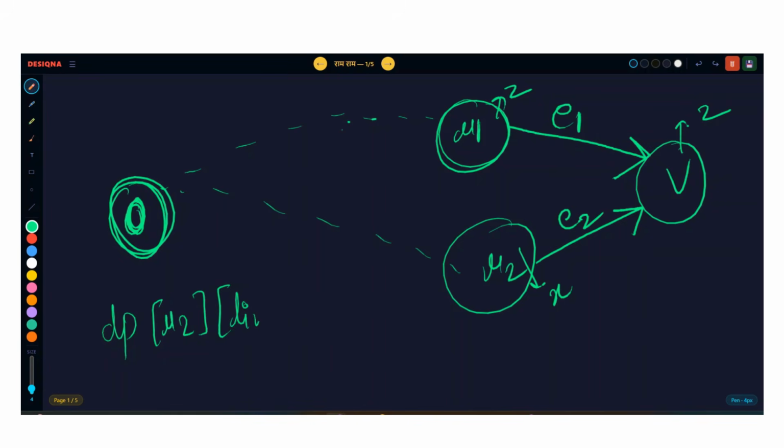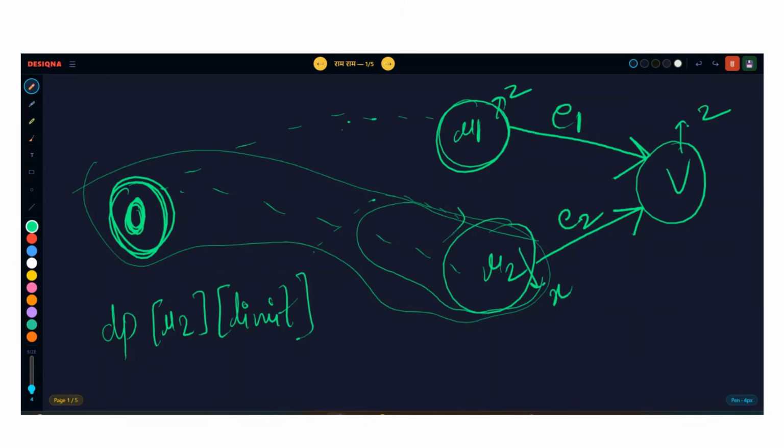Currently in your algorithm you are standing on node u2. You know what is the shortest path from 0 to u2, such that the last few nodes from u2 were having the same character value. How many nodes? Limit number of nodes were having the same character value, which is x. So you know that thing.